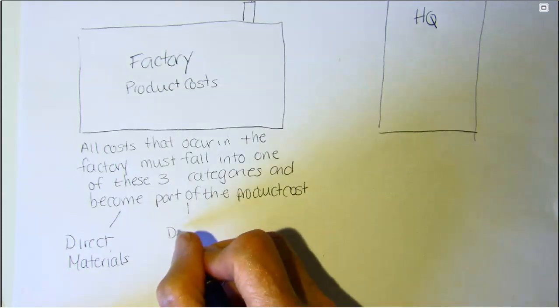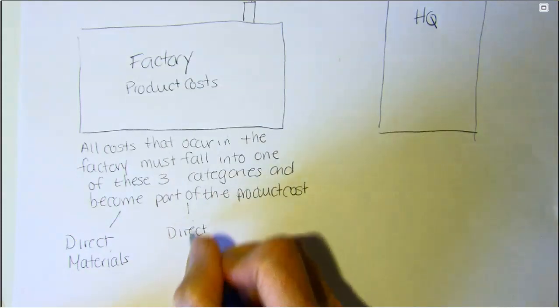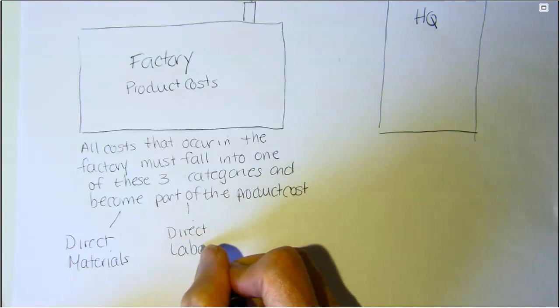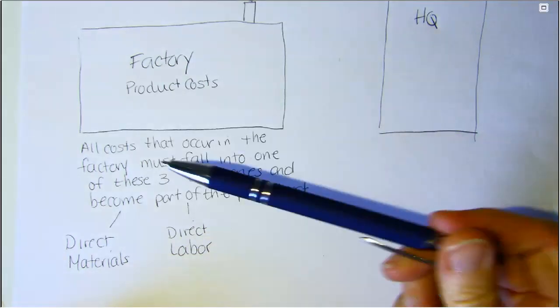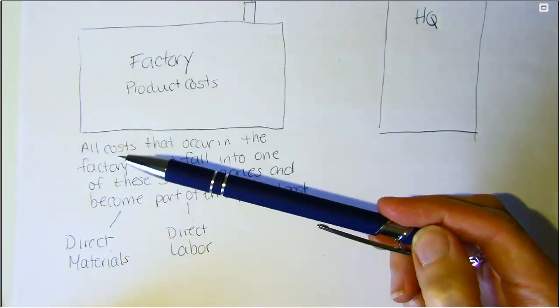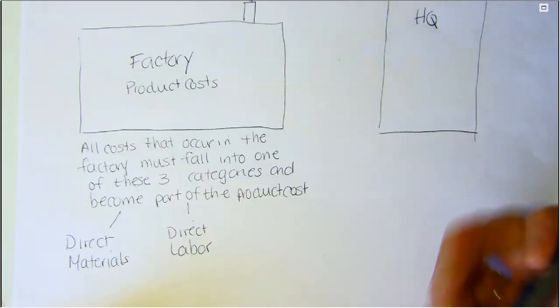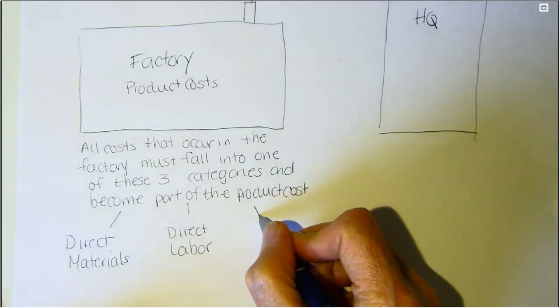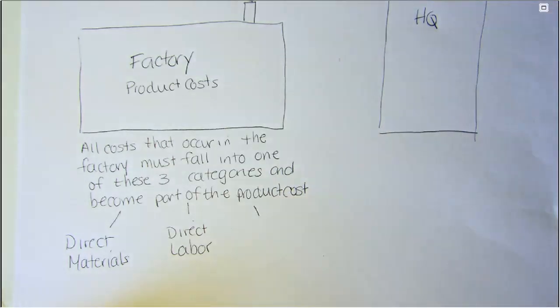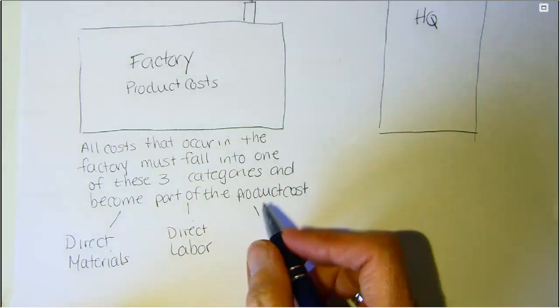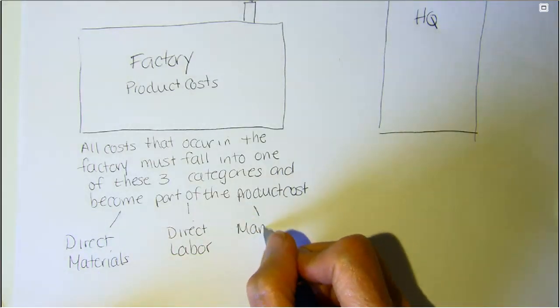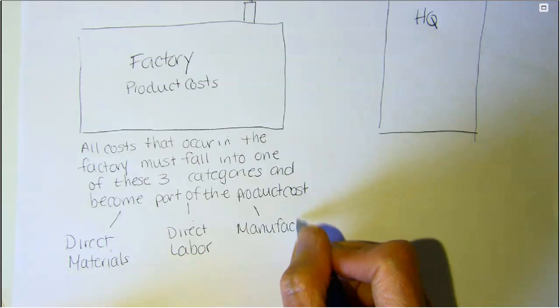And then there's direct labor, sometimes called touch labor, because it's the folks who made the parts to the pen, that would be the fabrication labor, and the people who put it together, that would be the assembly labor. Now, any costs incurred in the factory that is not a direct material or a direct labor is automatically going to be called manufacturing overhead.